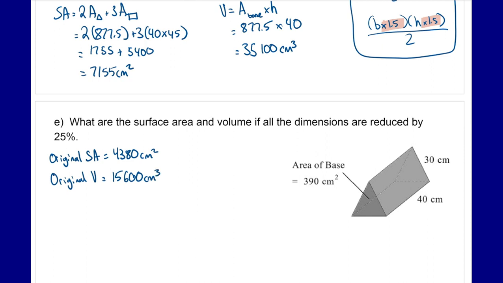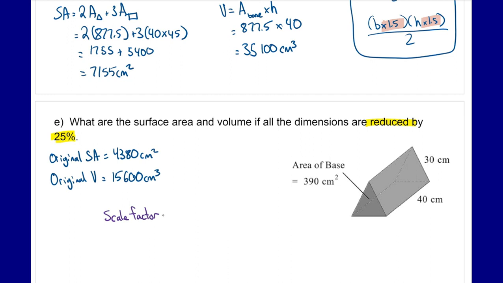centimeters cubed. Now, because it is reduced by 25%, we have to come up with what our scale factor is. So because it's reduced by 25%, what is left over? Right? What are we looking at?